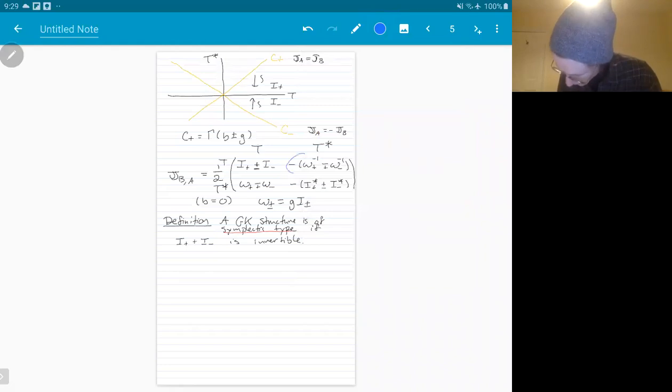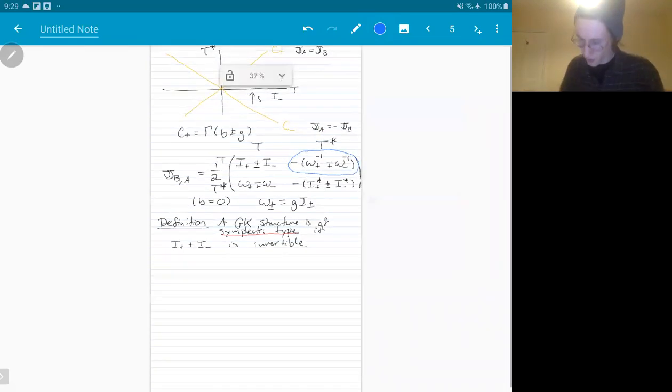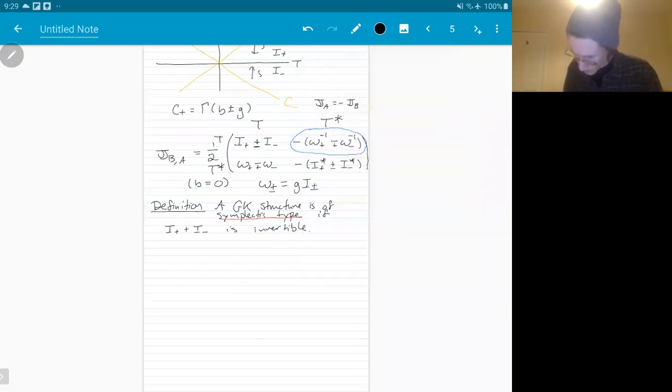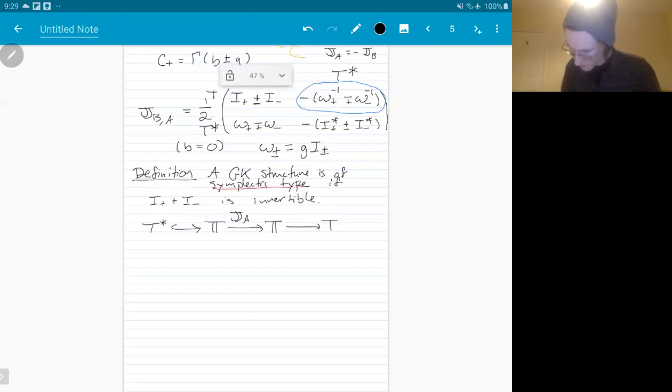So this component here is the part that goes from T star to T. You can think of this in the following way. We have T star, which is included in T plus T star. Then we can apply J, say JA in this case. And then we project to T. And this composition, where I put in JA, is exactly this top corner, which would be minus omega plus minus 1 plus omega minus 1.